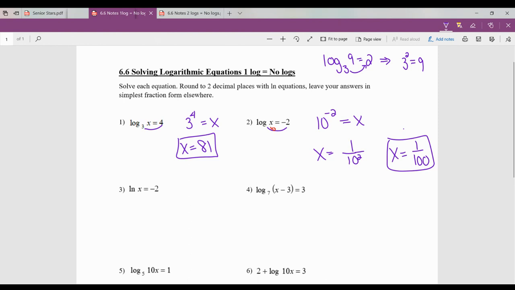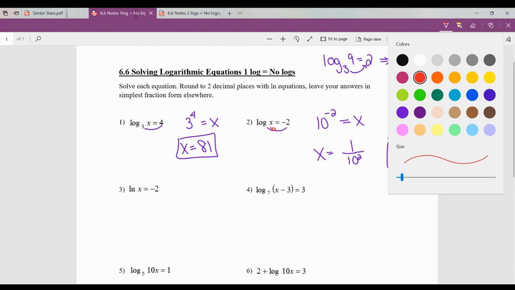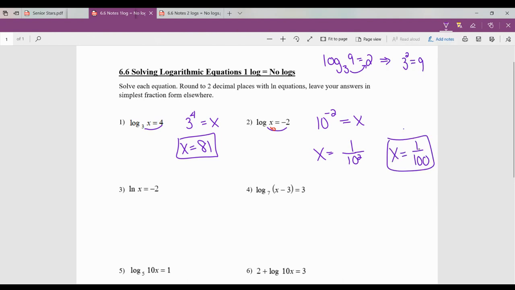All right, so if we've got log with no base shown, the base is 10. If I have ln, that's just a special log as well, so we're going to solve it by swooping. Now, if I don't have it shown with the word log, it's 10. With natural log, if it's not shown, it's e. So when we rewrite that, it's in exponential form, e to the negative 2 equals x.